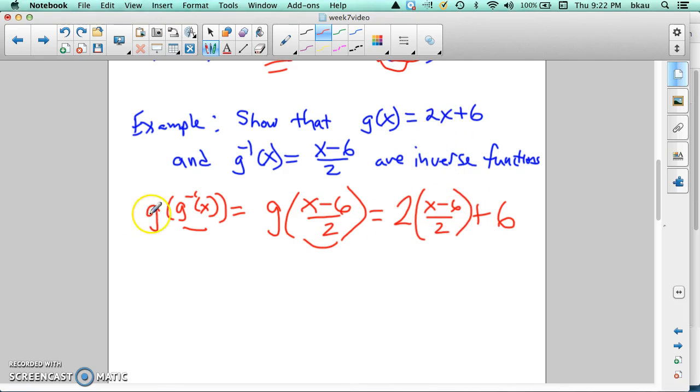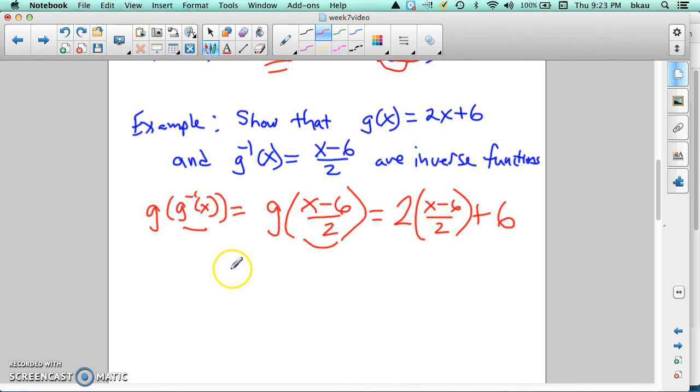So we take the inverse function, x minus 6 over 2, and plug it into the other function for x. We replace it. It gets put into the x value. You don't see two x's here. You see this x being replaced with the inverse function.